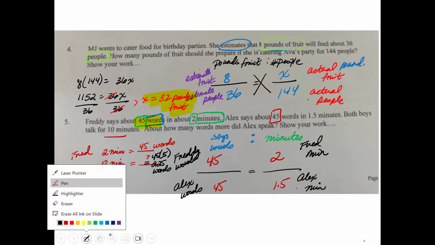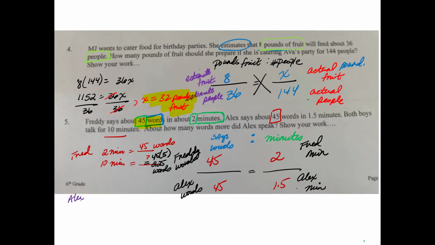Now let's take a look at Alex. Okay. Alex, for 1.5 minutes, how many words did he say? Words. So in 10 minutes, how many words would he say? How many times can you fit 1.5 into 10 minutes?